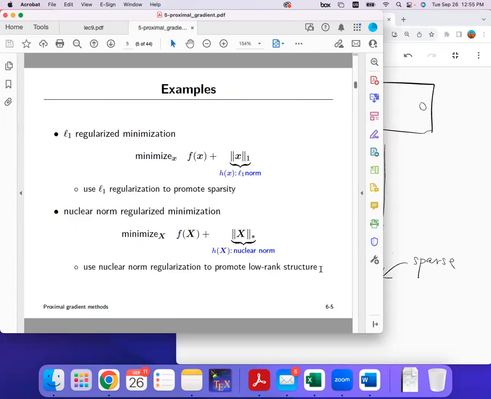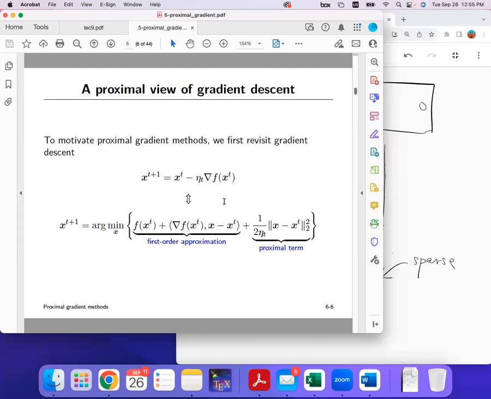And in this lecture, we are going to design algorithms to solve these problems. And we start from the gradient descent, okay, because we are familiar with this classic algorithm.